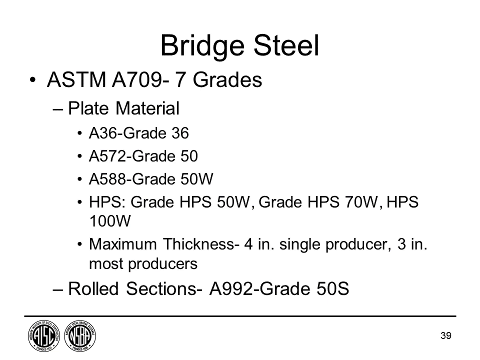And the maximum thickness of these plates is 4 inches. Only one producer really can go to 4 inches. Most of the mills are limited to 3 inches. So holding your plate thickness at 3 inches is probably a good idea. The rolled sections, which would be covered under A992, are labeled as grade 50S in the 709 specification.